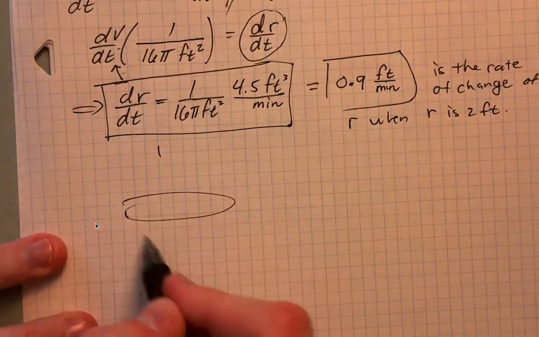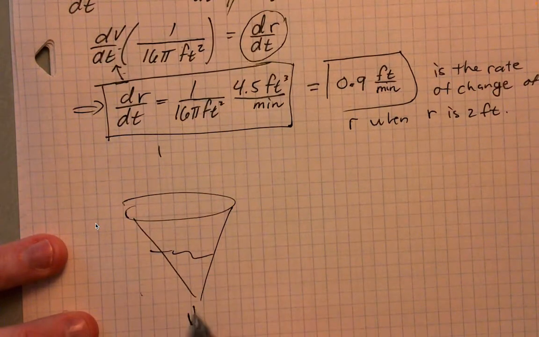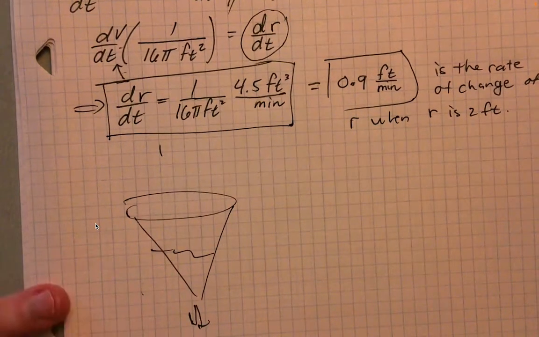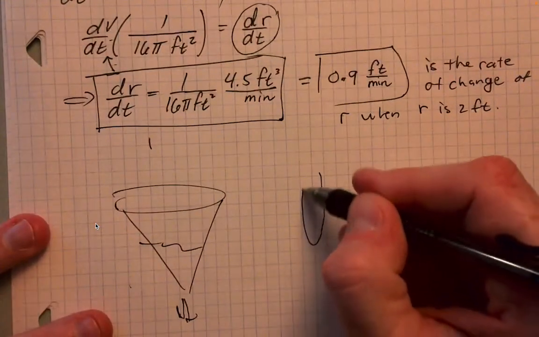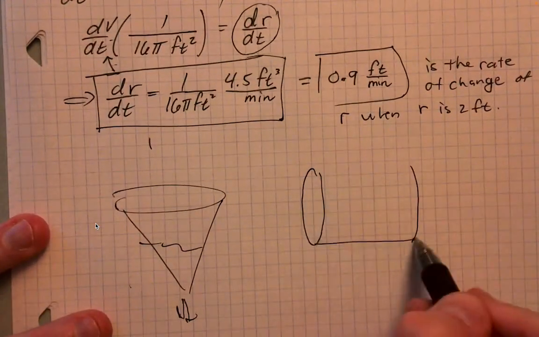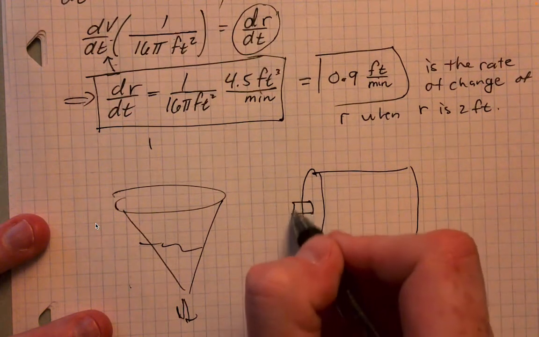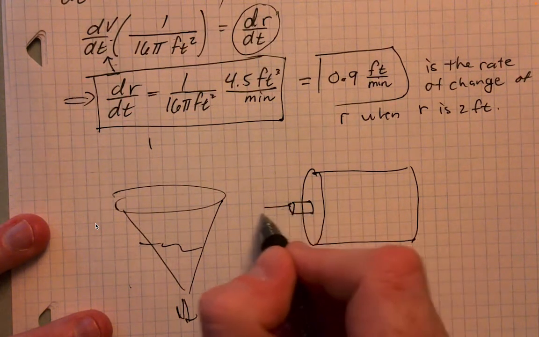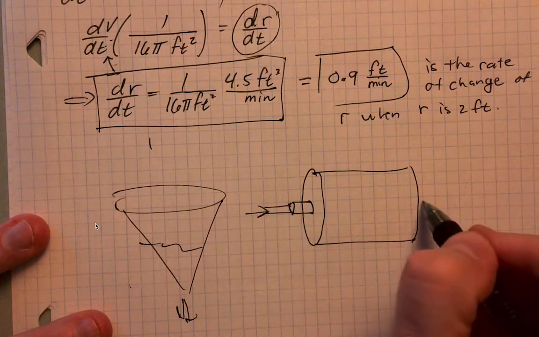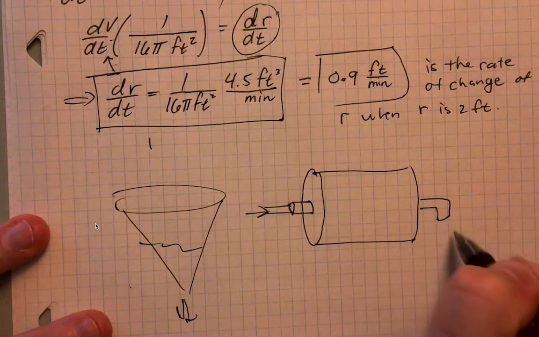cylindrical or conical water tanks with water dripping out the bottom. Another one that's very common, that we didn't talk about here, would be cylindrical tanks where water is coming in at a certain rate and going out at a certain rate.